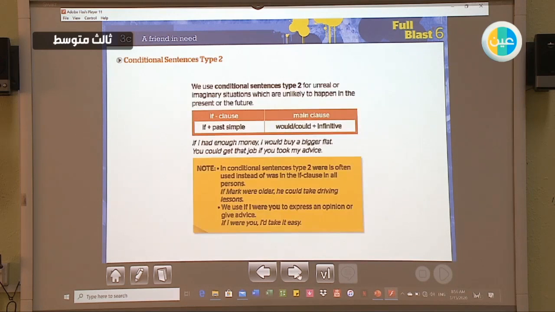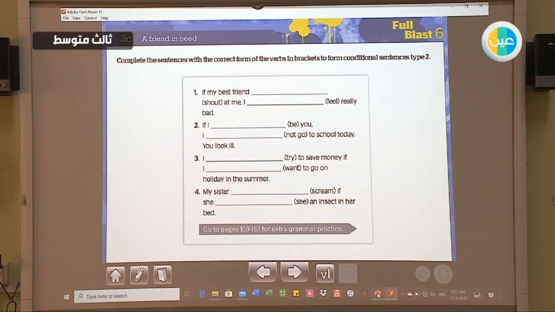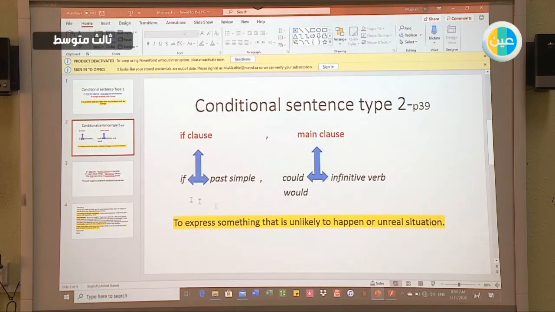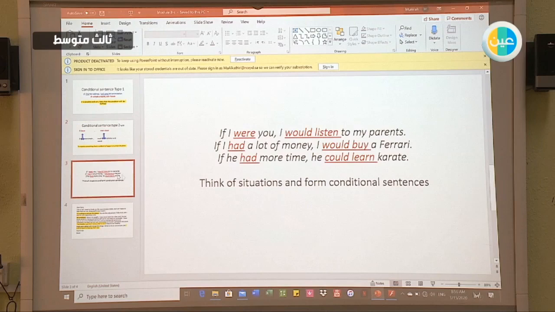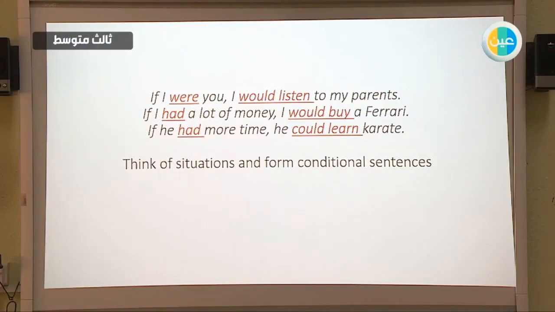I want you to think now of a situation that is unlikely to happen or an unreal situation and try to form your own sentences before we do the task or the exercise. Use the conditional sentence type 2. Let's see some examples. If I were you, I would listen to my parents.